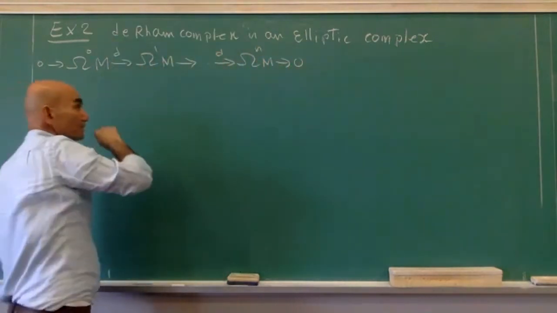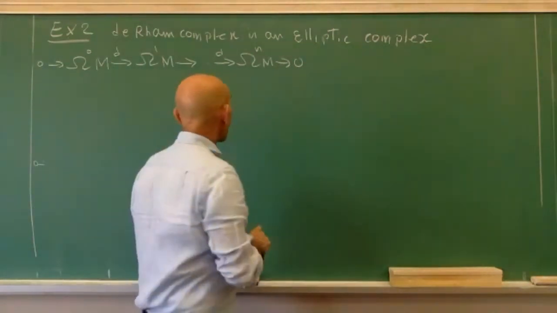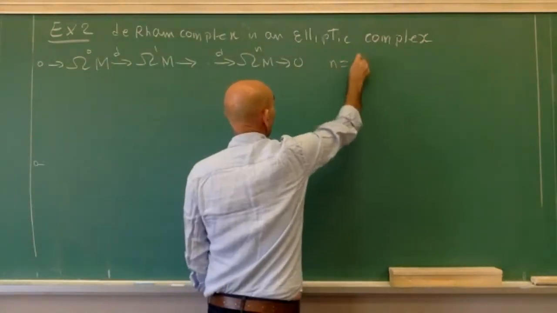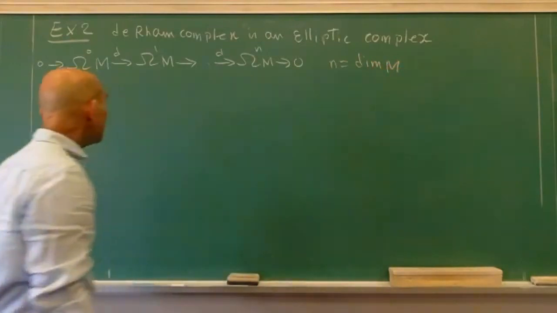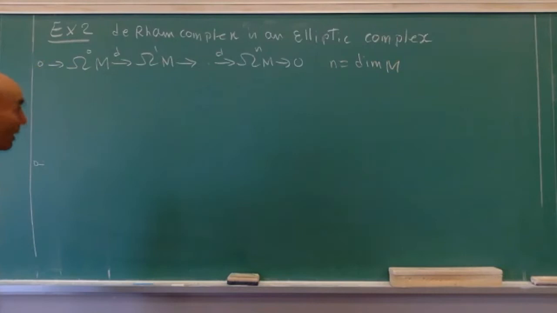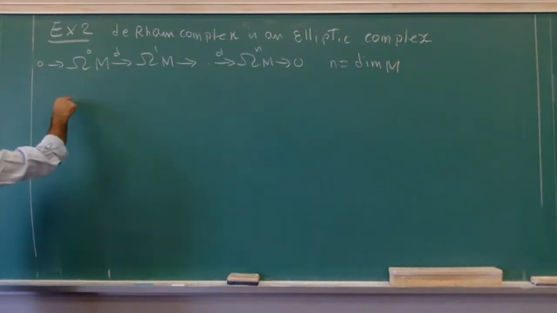Differential is V. Well, of course, n is the dimension of N. Okay, so what is the symbol complex in this case?